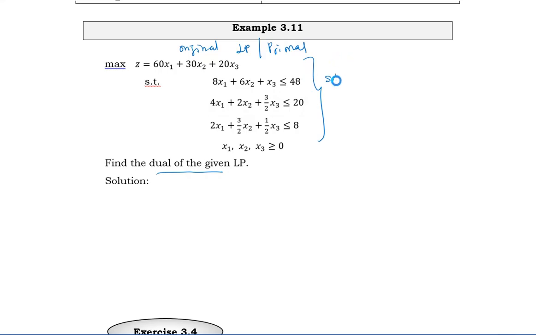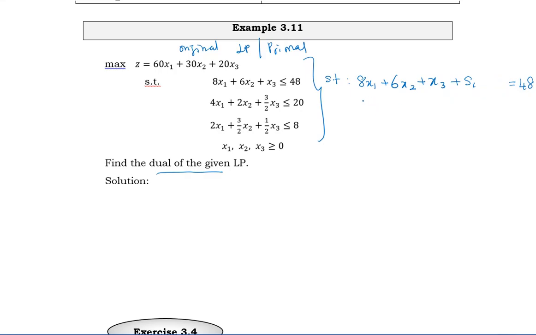Subject to 8x1 plus 6x2 plus x3, because it's less than or equal to, so we add slack s1, right hand side equals 48.